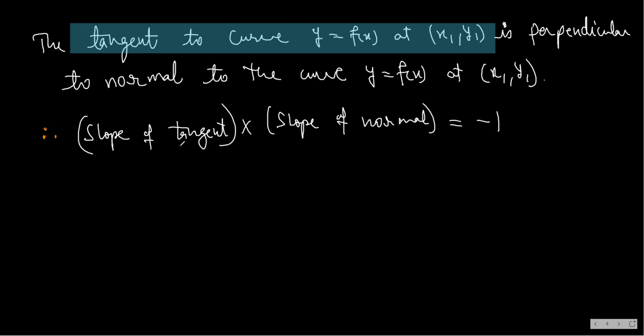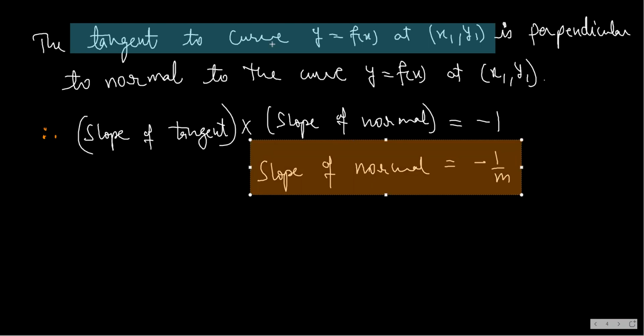When two lines are perpendicular to each other, the product of their slopes is -1. The slope of tangent you have already calculated. Slope of tangent is m. So therefore the slope of normal equals -1 upon m. You got the slope of normal.